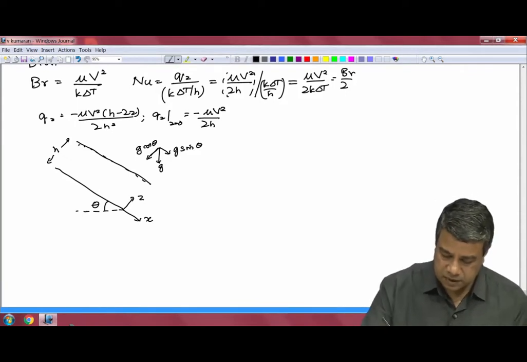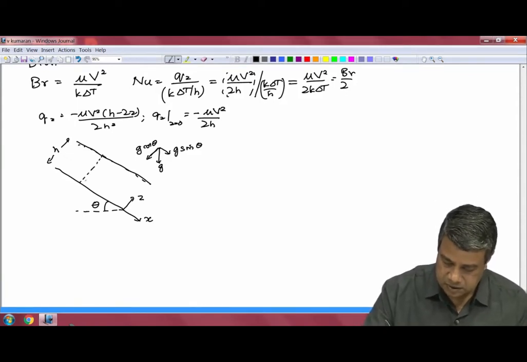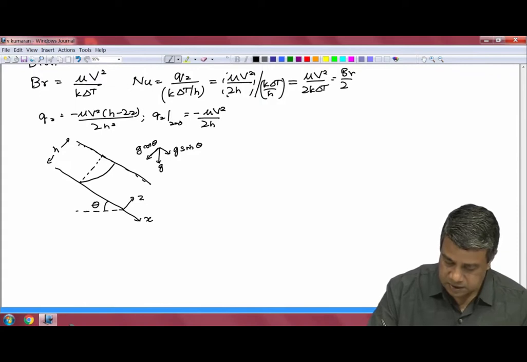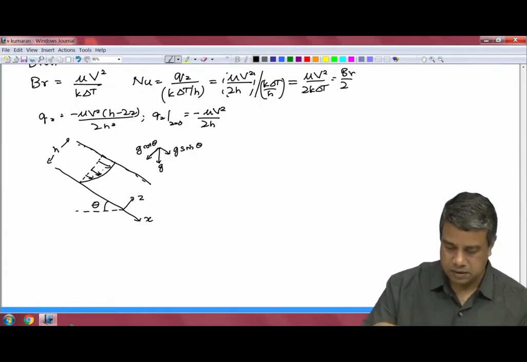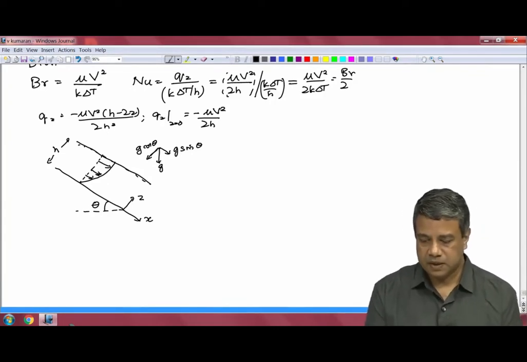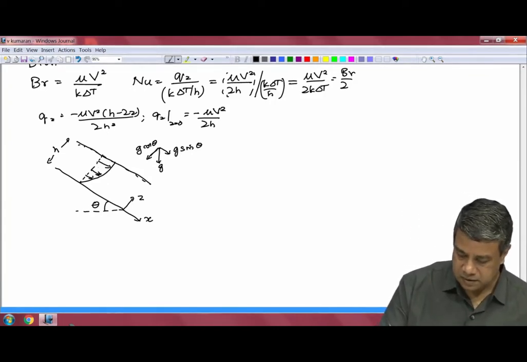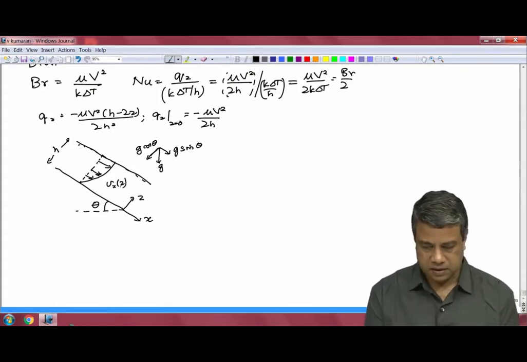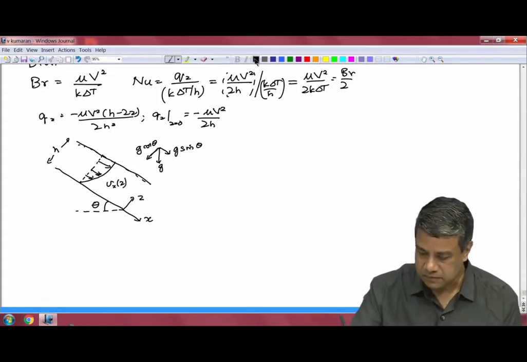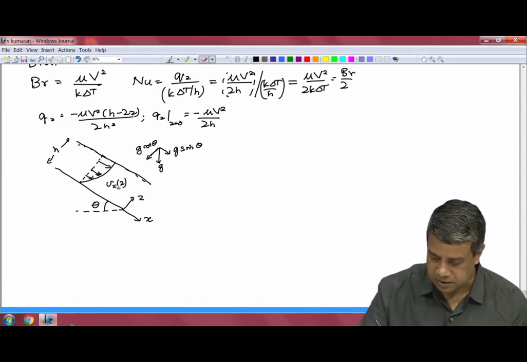The film is flowing in the x direction. Therefore, the velocity Vx at steady state is some function of the z coordinate.